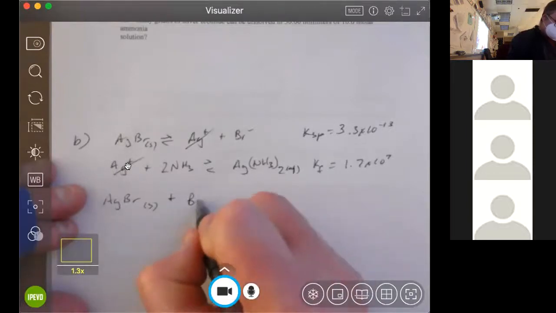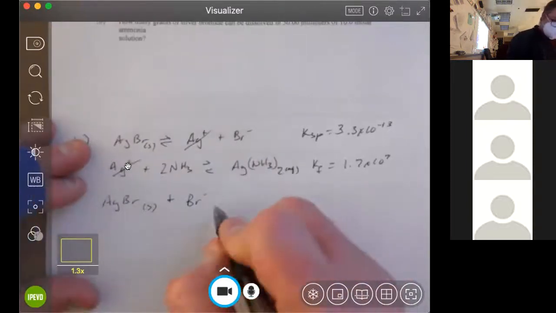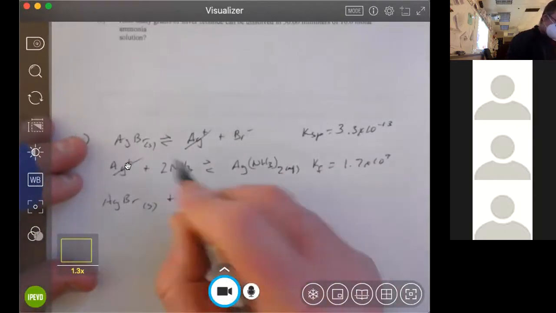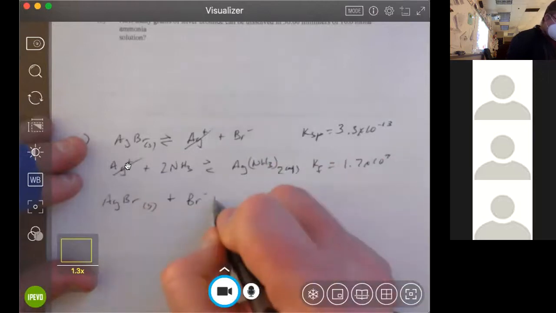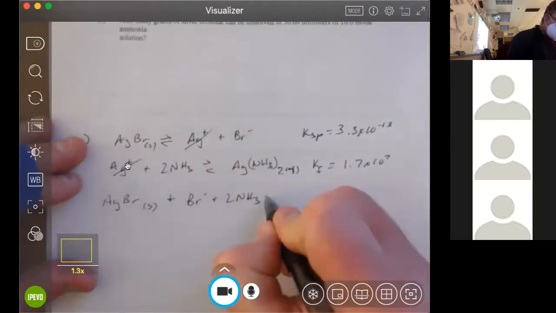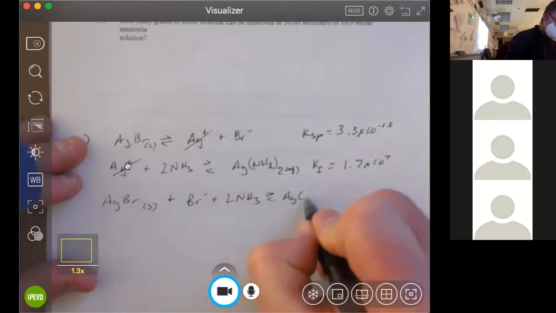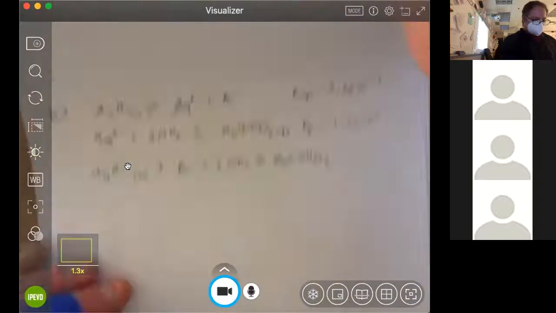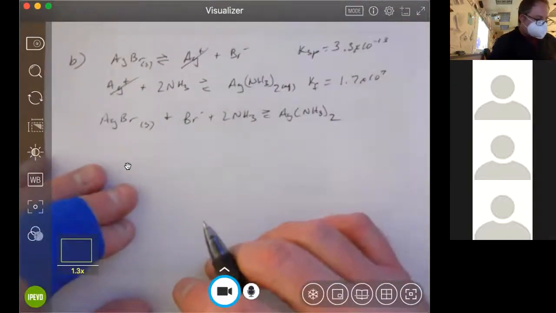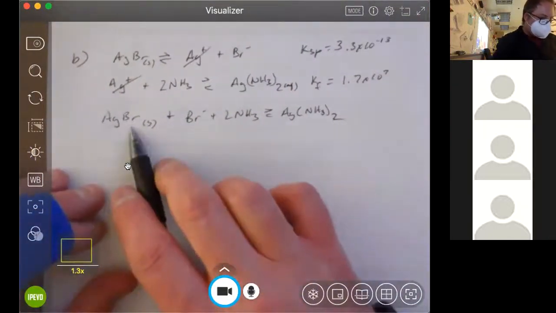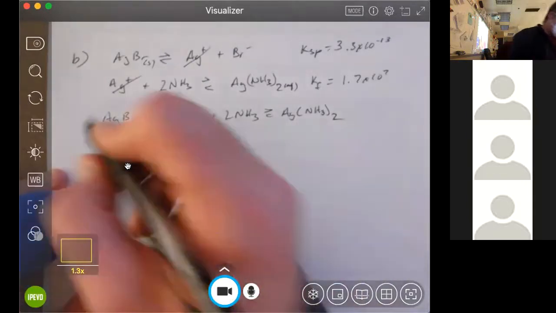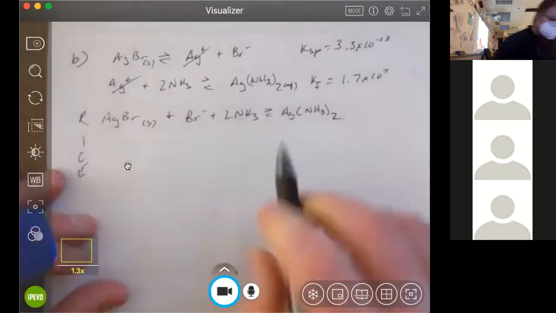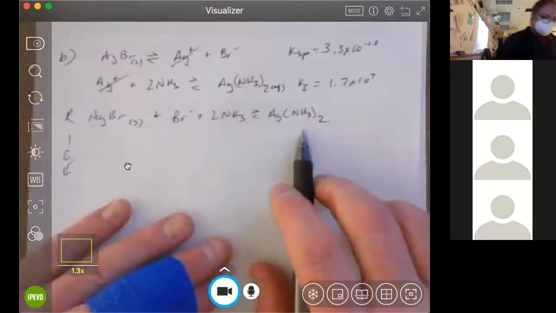AgBr plus Br negative yields the plus the 2NH3 yields the Ag(NH3)2. So there are our factors. This one's not going to be a big deal. So our product here is Ag(NH3)2.